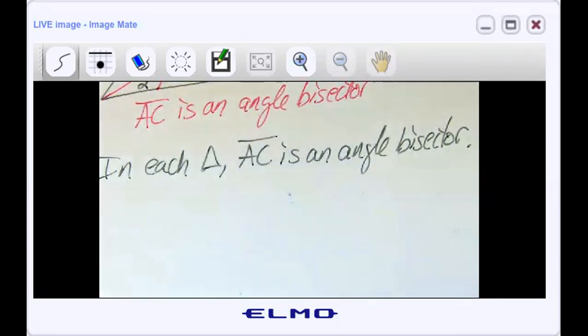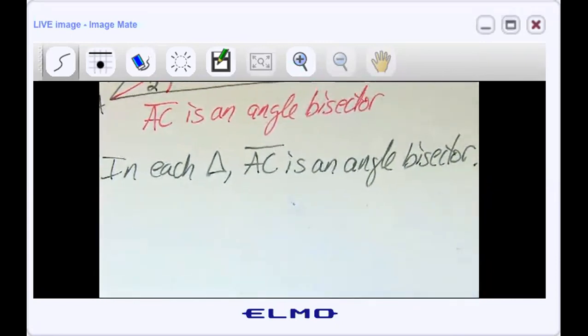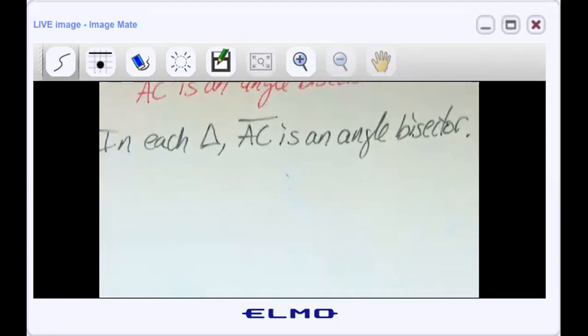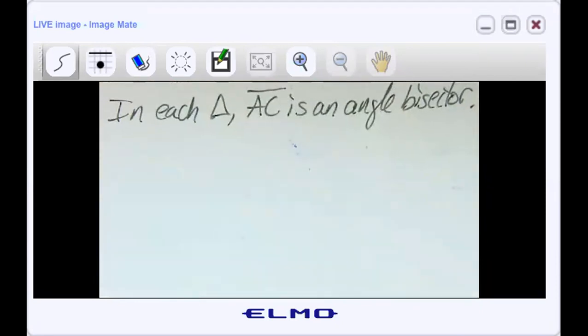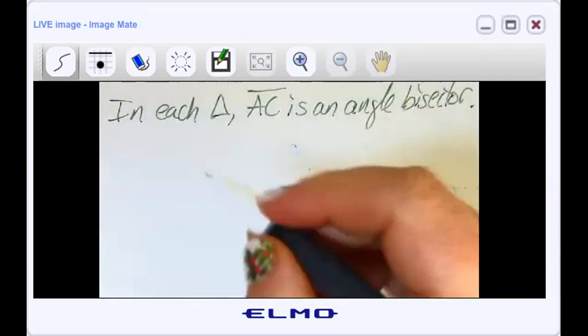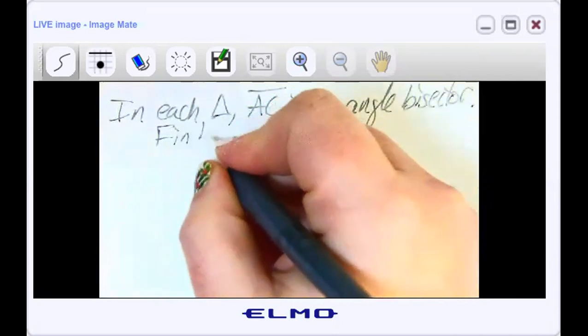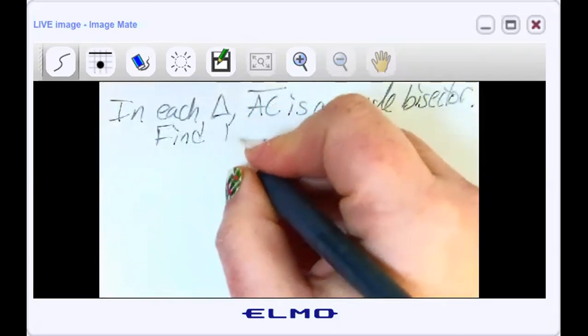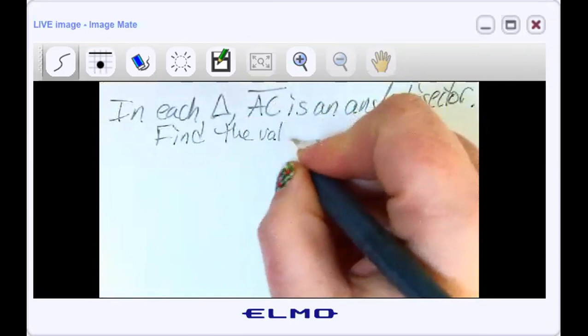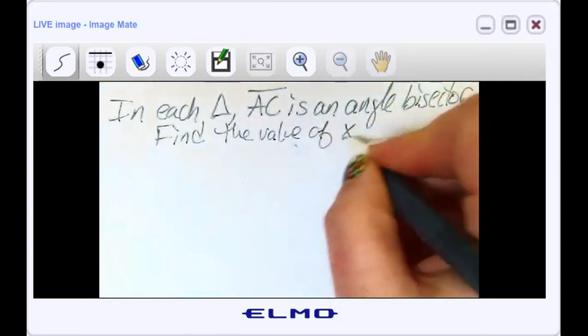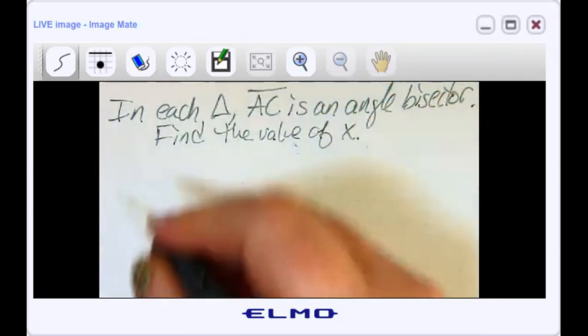I'm telling you in the directions that AC is always going to be an angle bisector, so now we know that, whether I mark it or not. And you're going to be in charge of finding the value of X. All right, let's try that.